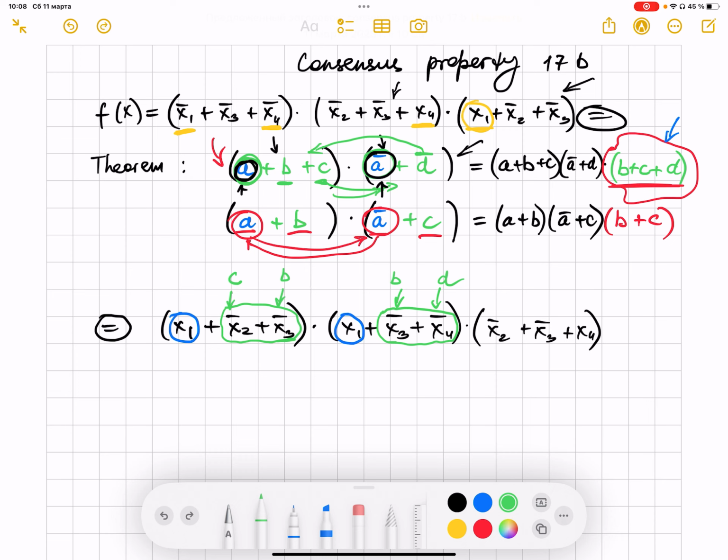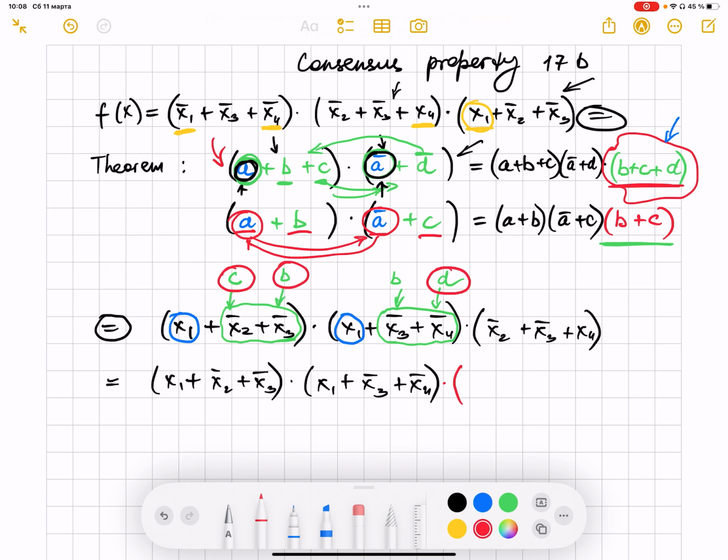So now we're going to write our new expression. The very first line, let's copy this: x1 plus x2 bar plus x3 bar multiplied by x1 plus x3 bar plus x4 bar. Now I'm going to write the new expression that we have created using the consensus property 17b. So it's going to be c b d.